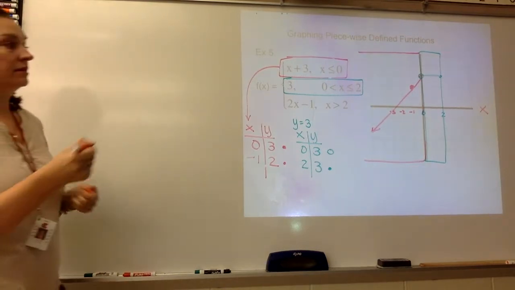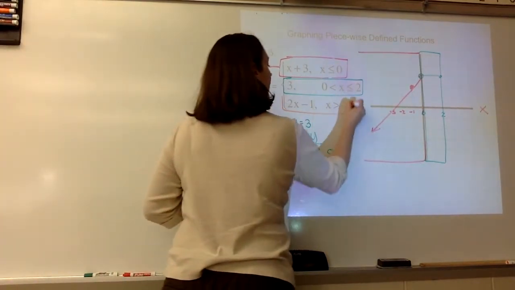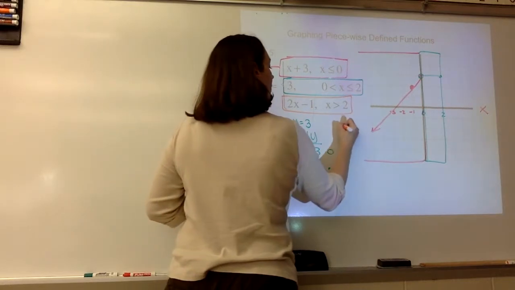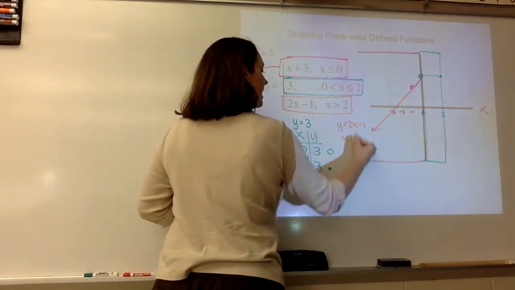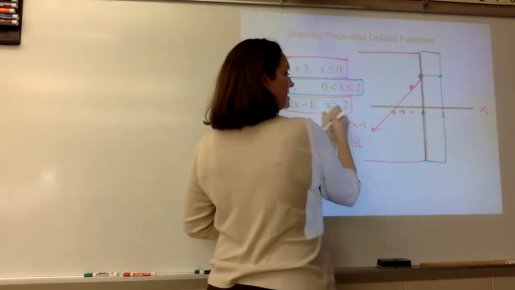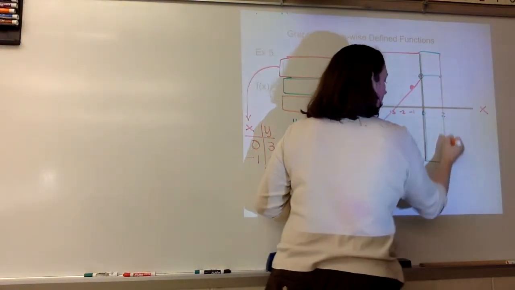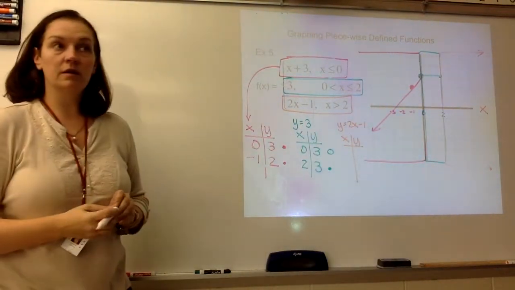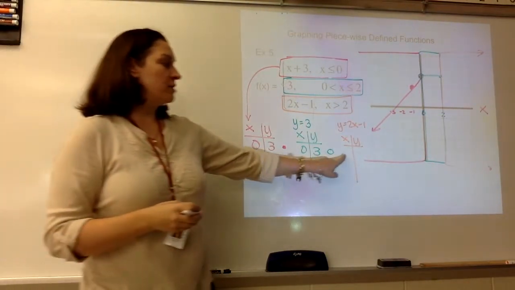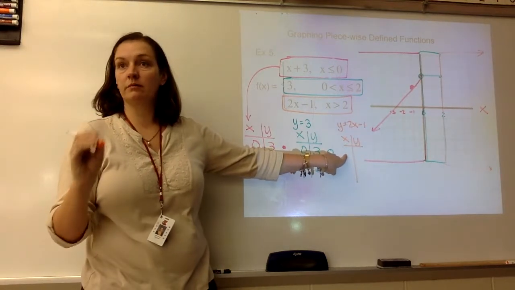All right, last section. Another line right here. I've got the line y is equal to 2x minus 1. Here's my xy chart. This says x is greater than 2, so now I'm dealing with this section of the graph alone to the far right. Where do I get my first x value from? This is important.